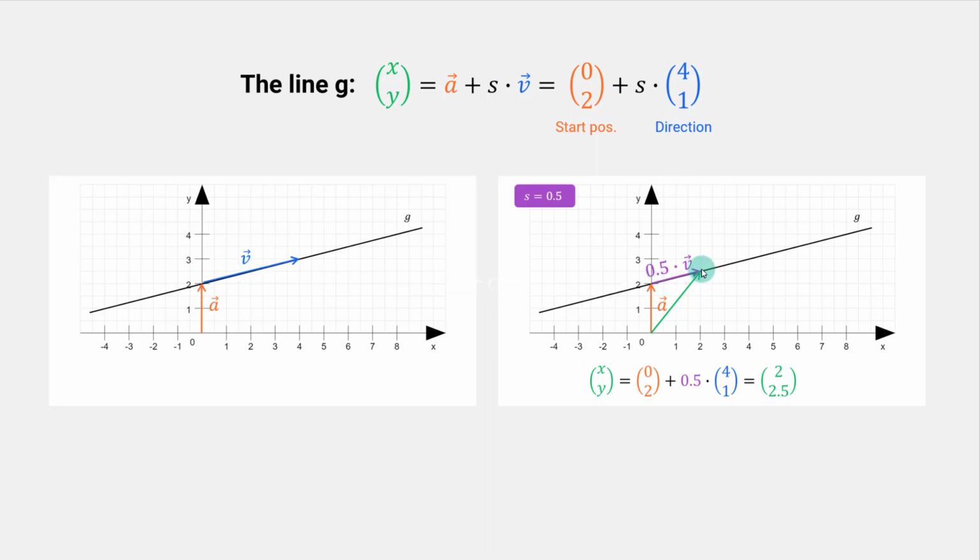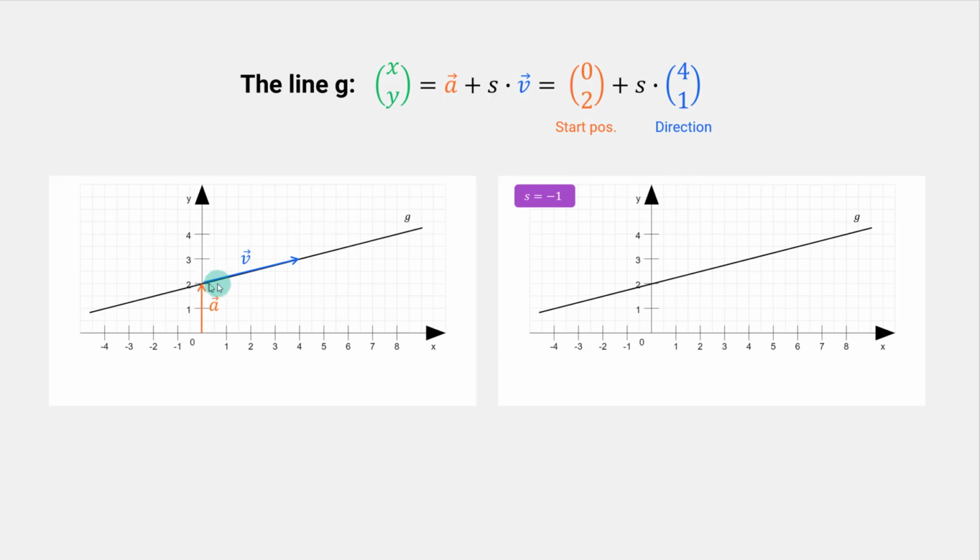So we will land on this point. And again, the resulting vector, the green one, is a vector that points from the origin to this point here on the line. And we can continue that. We are just going to do one more example. So let's see what we get if we plug in the value -1 now. For -1, well, again, we go up by the position vector.